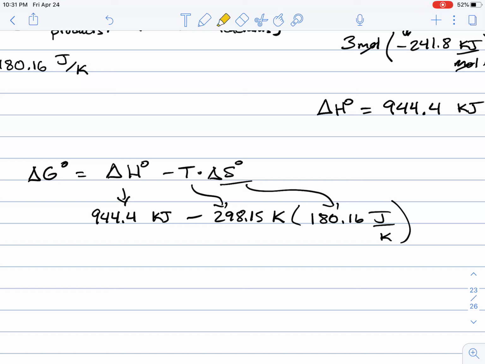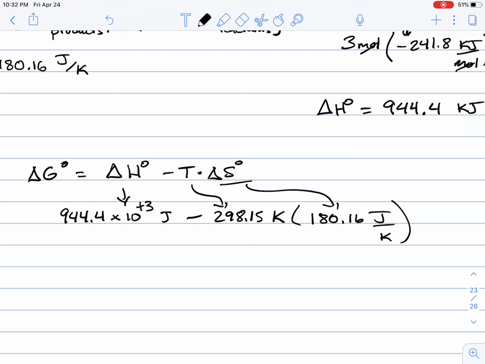Looking at our units, notice that we have a discrepancy. You can convert kilojoules into joules, or you can convert joules to kilojoules. It doesn't really matter which one, just make sure that they're both the same units. I'm going to convert kilojoules to joules, so I'm going to multiply this by 10 to the positive 3.